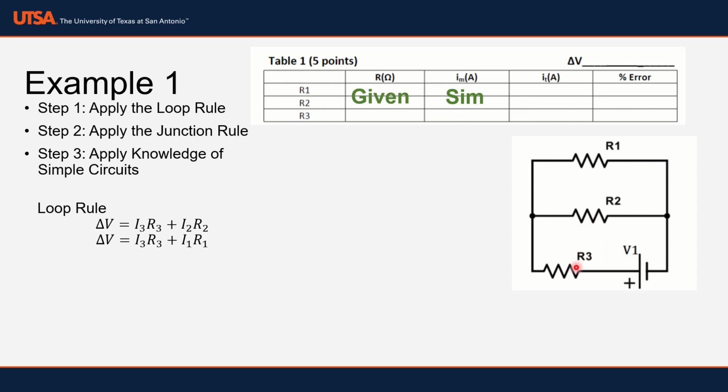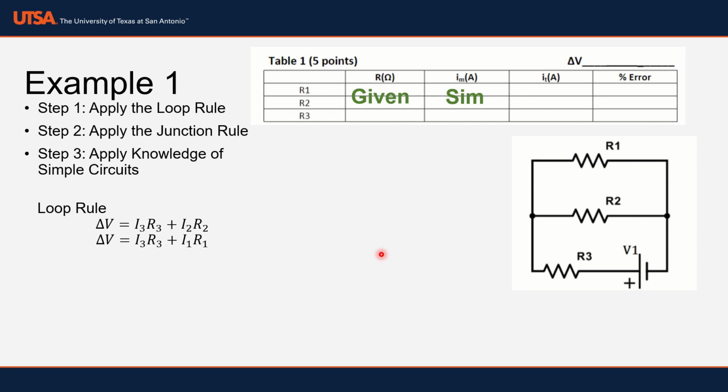If you add this voltage here plus this one, it's going to add up to V1. Okay? That's basically the concept of the loop rule, right? It's based off of conservation of energy. You can't add both of these because you're going to violate the conservation of energy. We know with a parallel circuit that the voltage must be the same, so we can't add that voltage up twice. Okay, so that's why we could come up with these two loops.